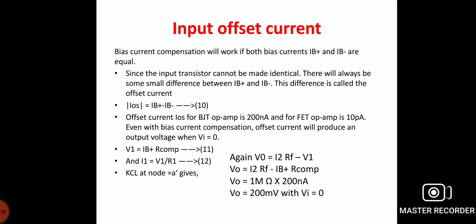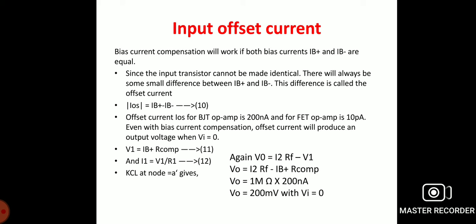That difference is called the offset current. The offset current for a BJT operational amplifier is 20 nanoamps, and for a FET operational amplifier is 10 picoamps. Even with bias current compensation, the offset current will produce an output voltage.